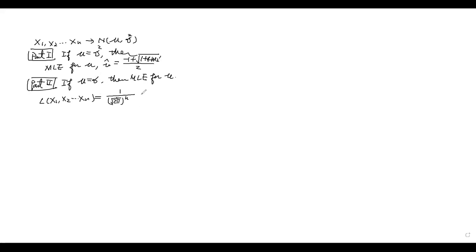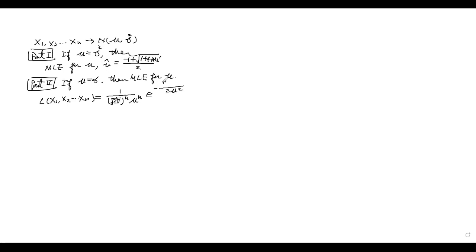Because sigma equal to mu, I will write mu to the nth power here. And then this is e to the negative summation of xi minus mu squared, i from 1 to n, over 2 sigma square. But now because mu is equal to sigma, this will be 2 mu square here.